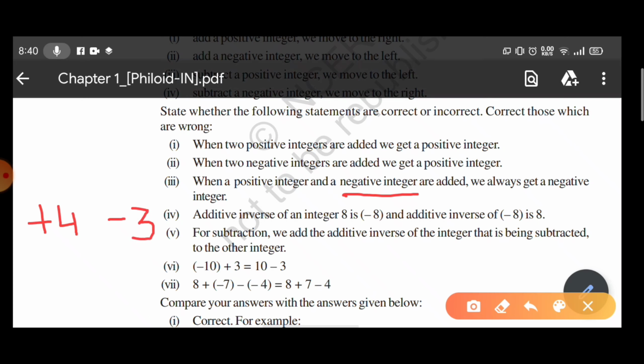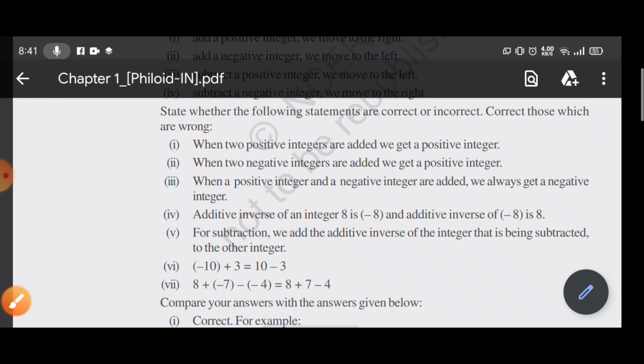And what I am supposed to do is simply add both these values. Plus and minus will give me a negative sign, and it is 4 and 3. Is my answer negative? No, my answer is +1. So that means this condition of always is not true. So in this way you can simply answer all the conditions that are provided.